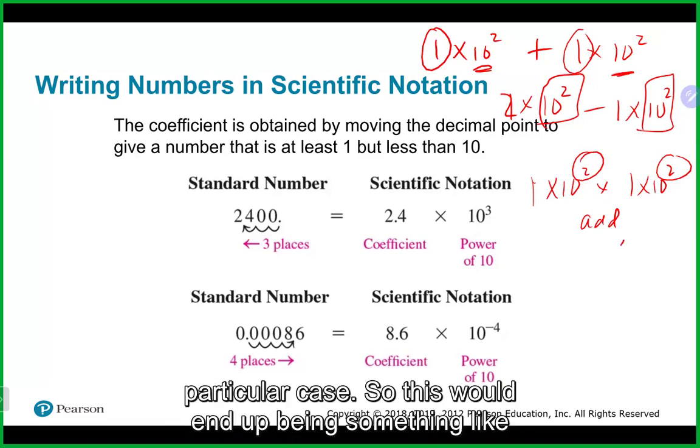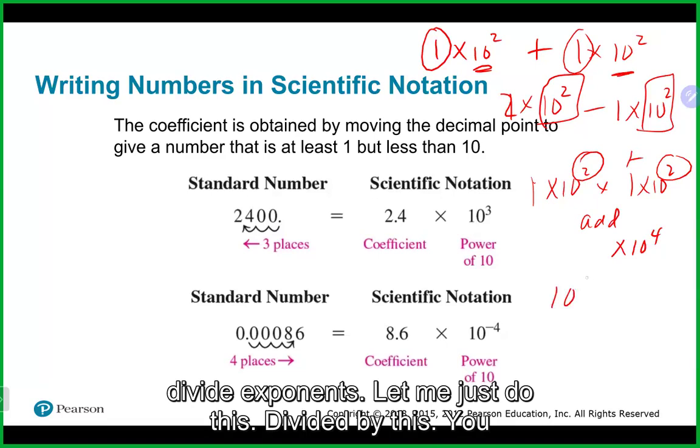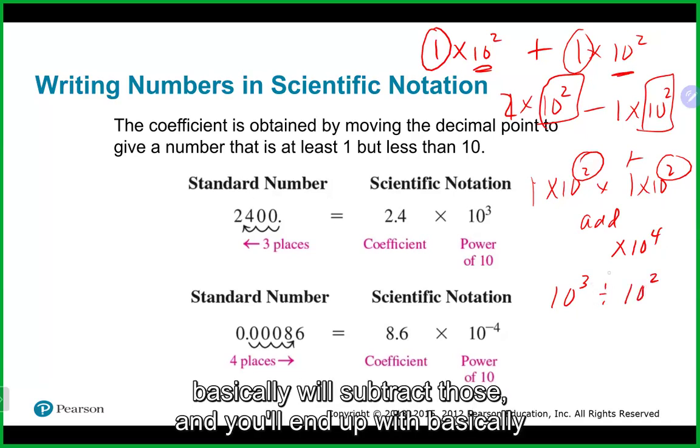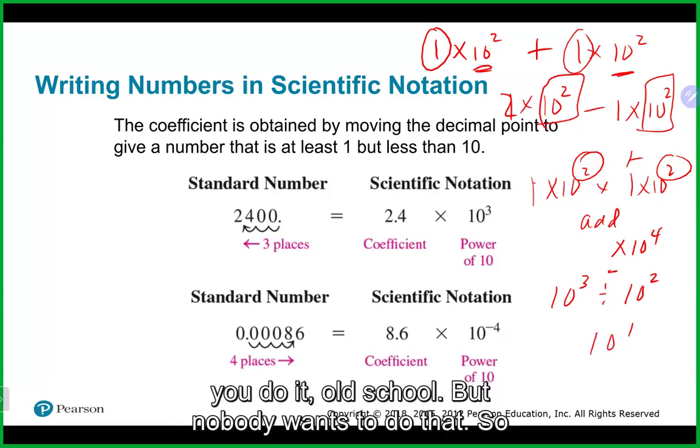So this would end up being something like times 10 to the 4th by adding those exponents. If you're going to divide exponents, let me just do this, divided by this. You basically will subtract those and you'll end up with basically 10 to the 1 when it's all said and done. So that's sort of how you do it old school, but nobody wants to do that.